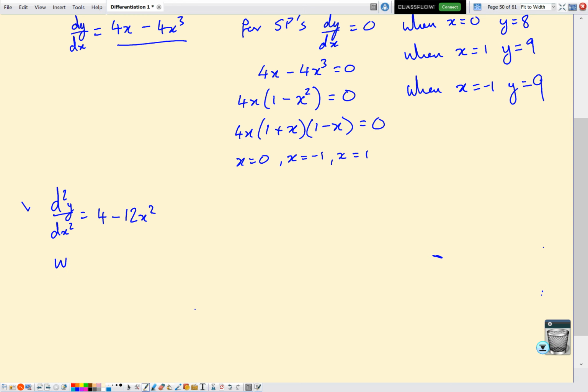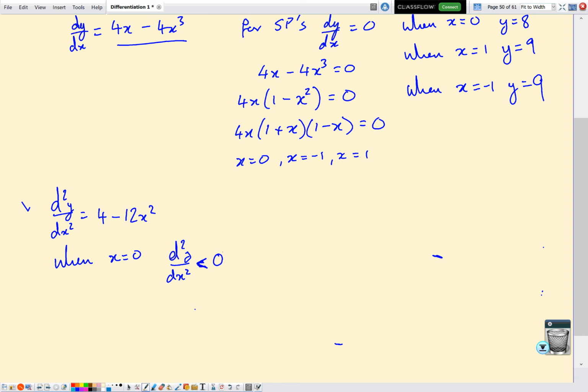So when x is equal to 0, we'll start with that one, d2y by dx squared is going to be, well, it's going to be 4 take away 12, so it's going to be negative, so we'll just go straight to saying it's less than 0.